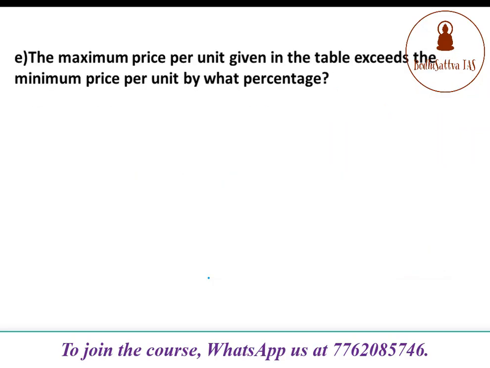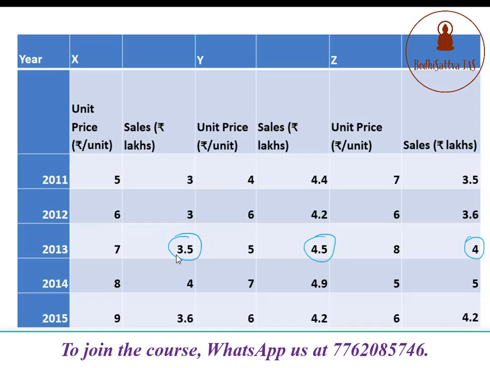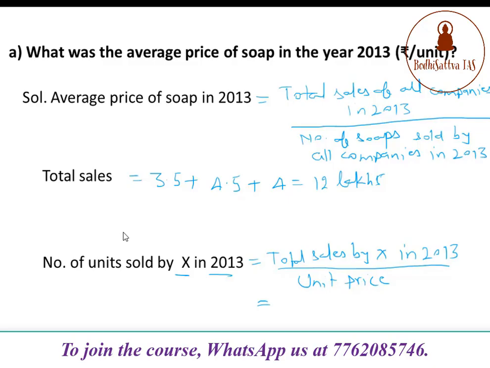So in 2013, total sales of 3.5 lakhs was done by company X and unit price was 7 rupees per soap. So we are going to use this data: 3.5 lakhs divided by 7. If we simplify this, we will get 0.5 lakhs.